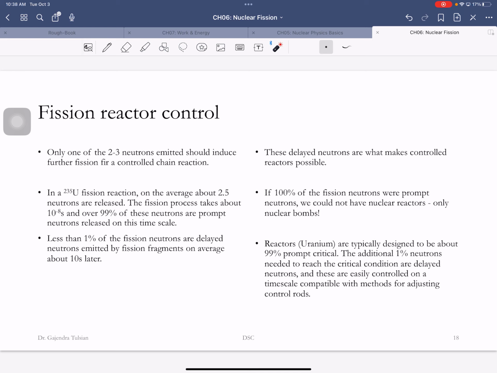The 1% that you need, 0.99 neutrons, fast neutrons cause reaction, further reaction. The additional 1% of neutrons needed to reach the critical condition are delayed neutrons, and these are easily controlled on a time scale compatible with methods for adjusting control rods.